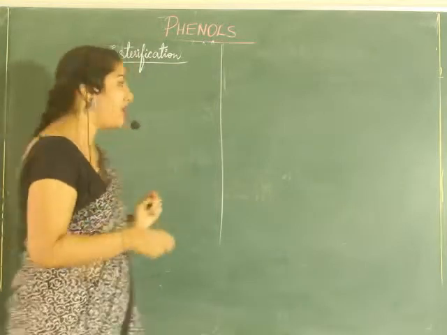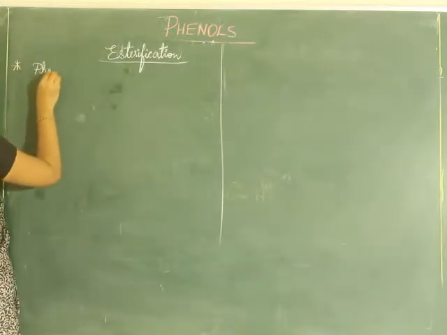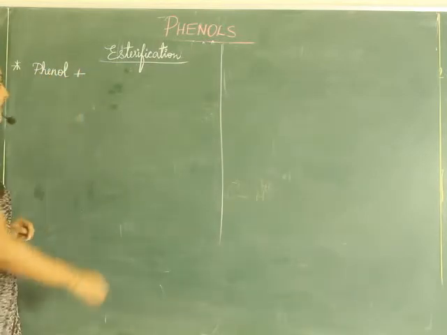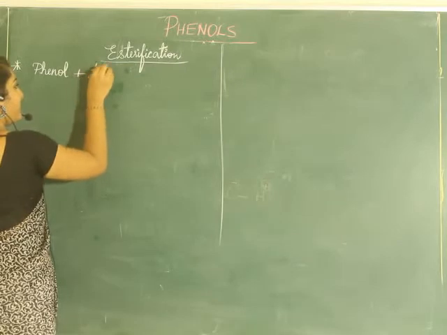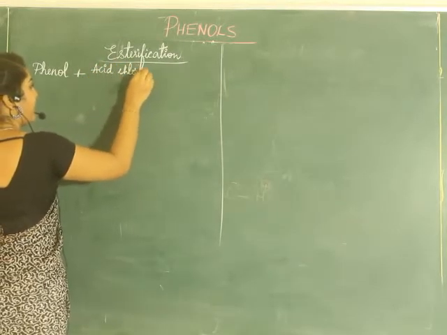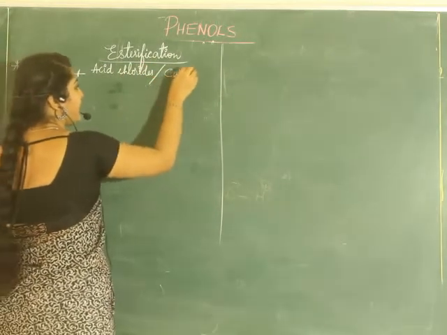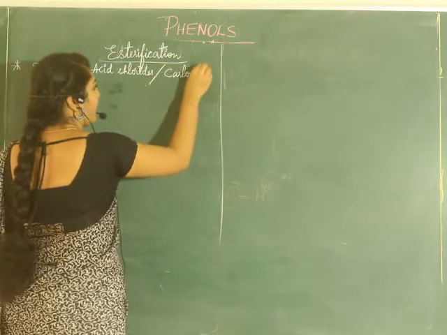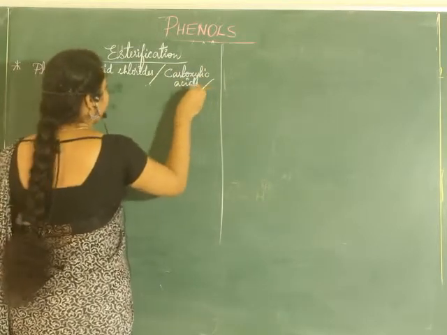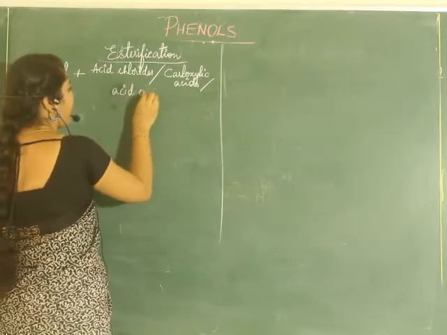Esterification is the process where phenols can react with acid chlorides or carboxylic acids or acetic anhydride, or say acid anhydrides.